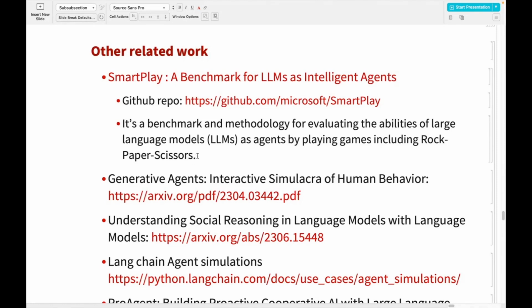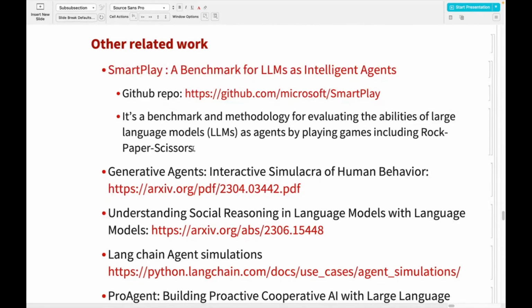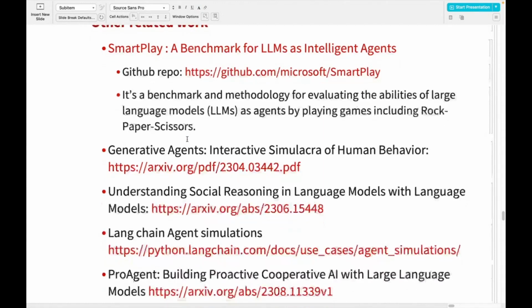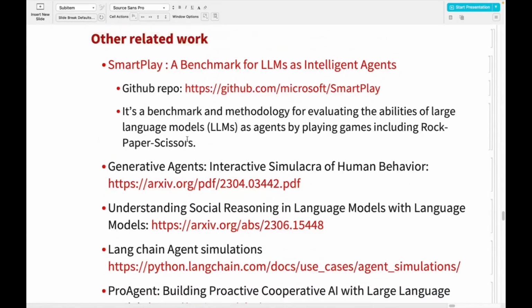They are using a different strategy, exploring games for assessing the reasoning capabilities of these large language models.